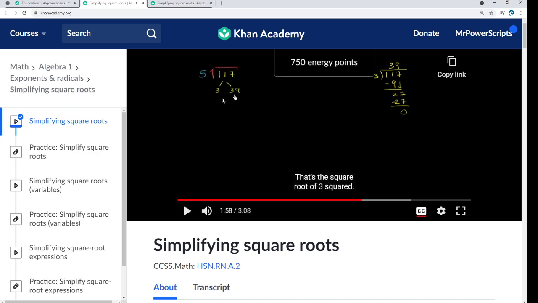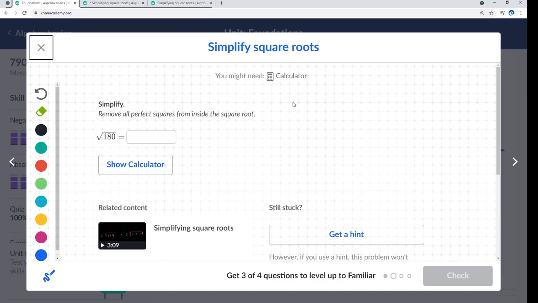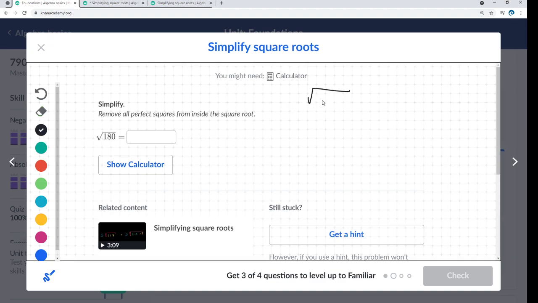So here's the way that they're doing it in this video, right? They have 180. And then what they're doing, 2 times 90 is 180, right?